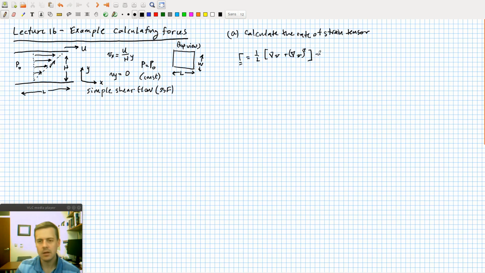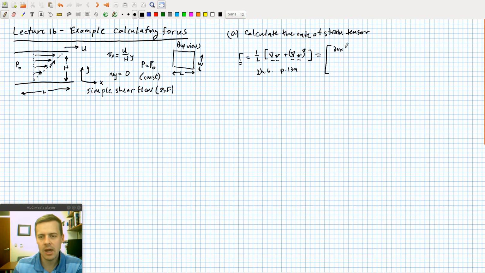You can go ahead and work this all out if you want, but if you don't want to, you can use your book. If I remember correctly, it's in chapter 6, page 139 or close to there. But I will just save us the trouble and write out what it is.